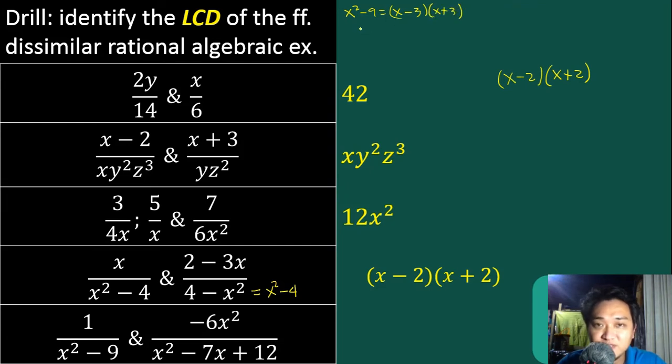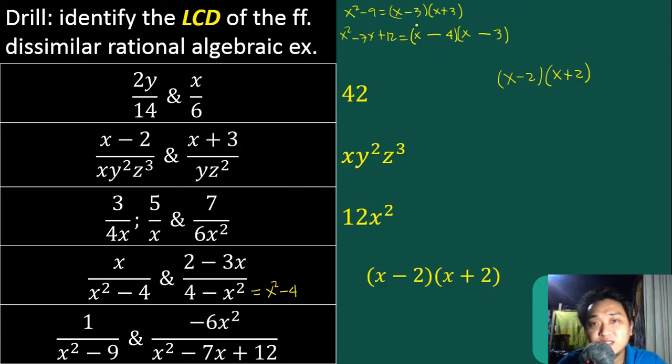What is the factor of x squared minus 7x plus 12? Simply, if you use the trial and error method, what is the factor of 12 that will make 7? 4 times 3. 4 and 3. And since the middle term is negative, both of them are negative.